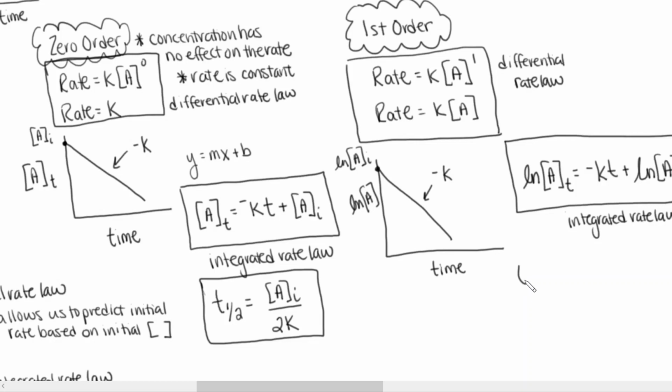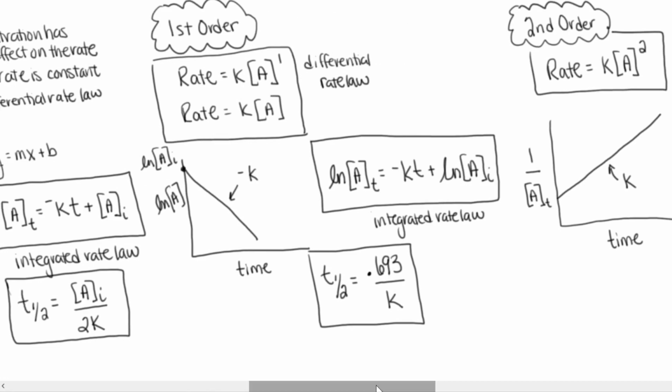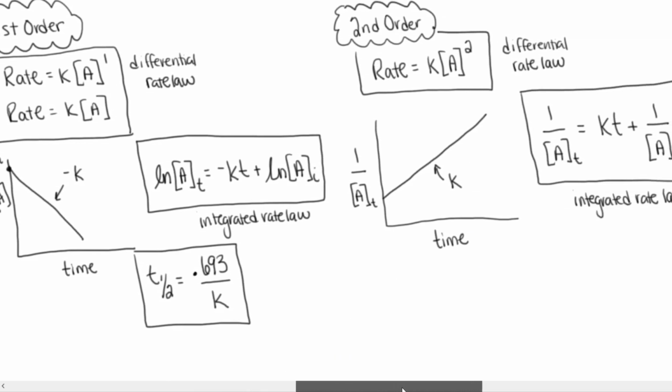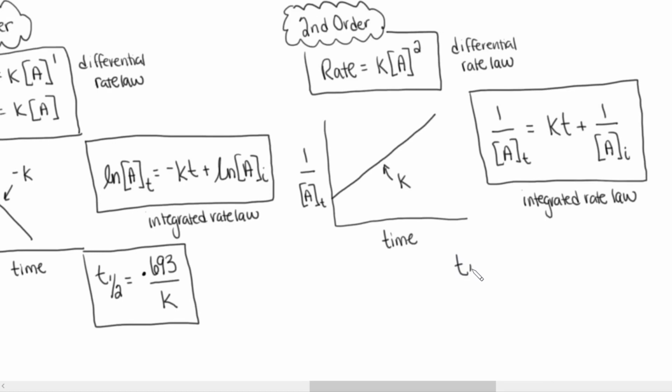The half-life equation for a 1st order reaction will end up being 0.693 over the rate constant, K. And the half-life for a 2nd order reaction is equal to 1 over K times the initial concentration.